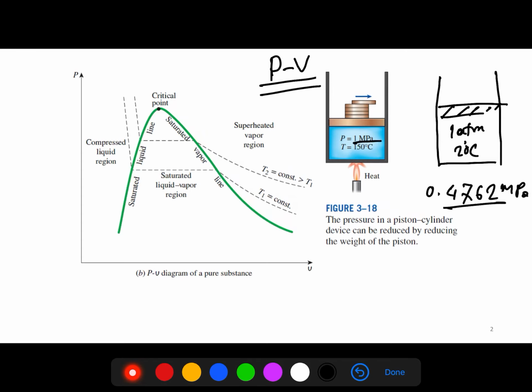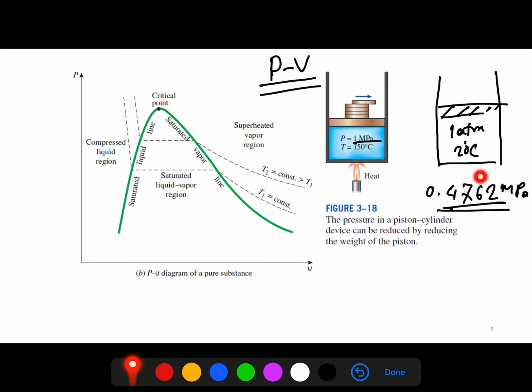Initially it is 1 MPa. So when it reaches this pressure, the water starts boiling. That means the vaporization process will start and the phase change process will start. At this stage, the temperature and pressure will remain constant.